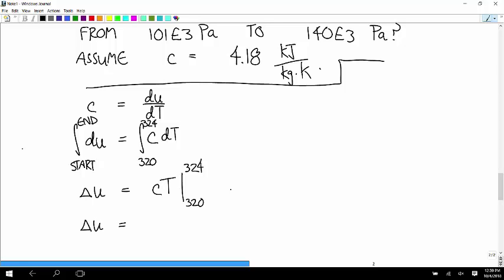And so the change in internal energy is equal to 4.18 times 324 minus 320. And that's equal to about 16.72 kilojoules per kilogram.